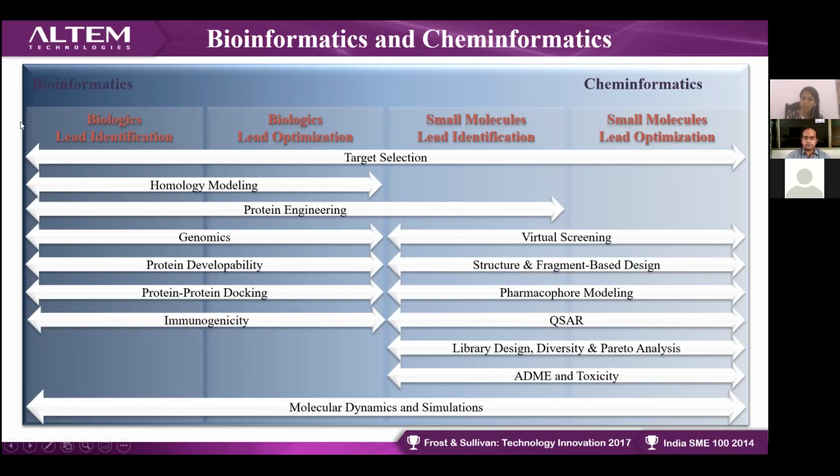For example, there is biological lead identification, where we talk about protein models, and here we talk only about chemical compounds, small molecules. It will be useful for chemistry people as well as pharmaceutical industry people, and bioinformatics will be helpful for most people.